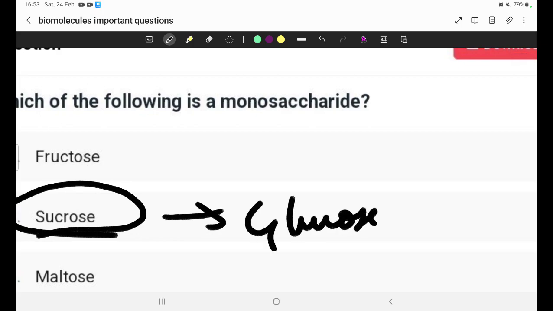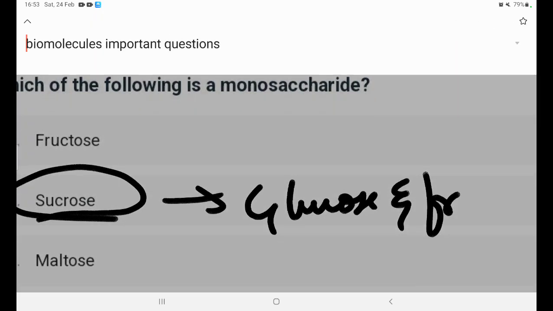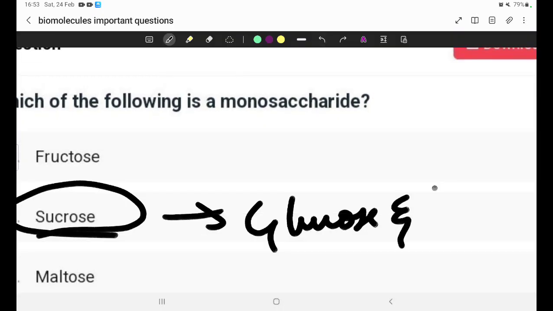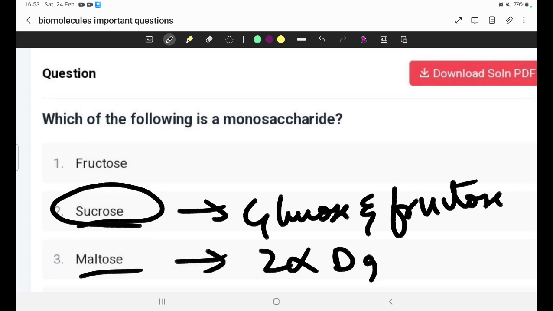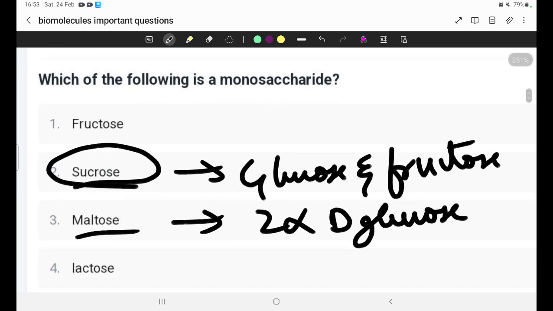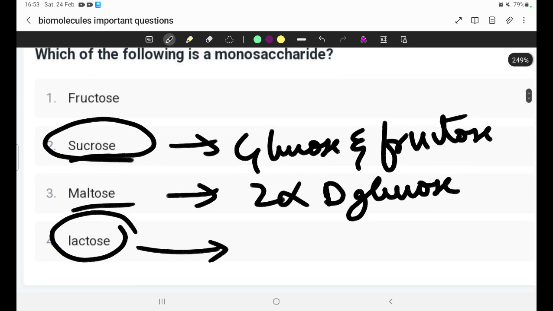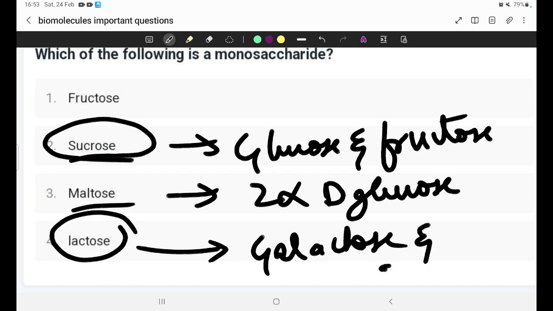Just remember that much. Glucose and fructose. What about maltose? 2 alpha D glucose. What about lactose? Galactose and glucose. So you can remember it in this way.